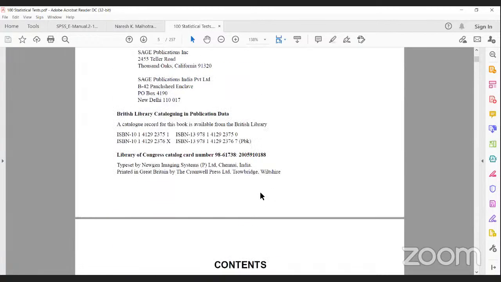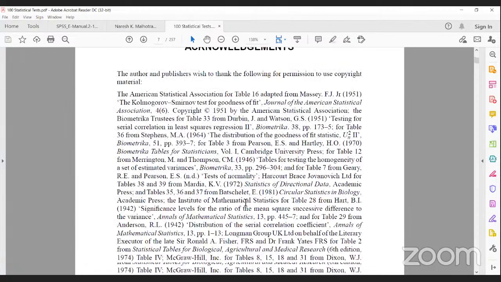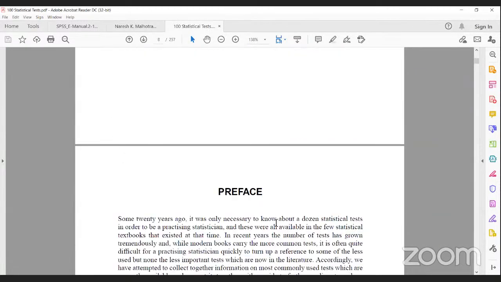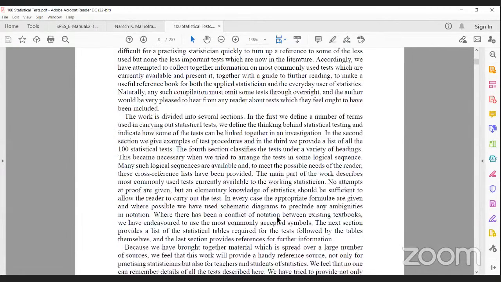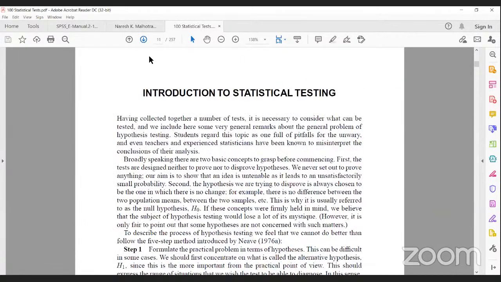So I will be touching on that here. There are different things they have given, but we don't have much time to discuss much theory.